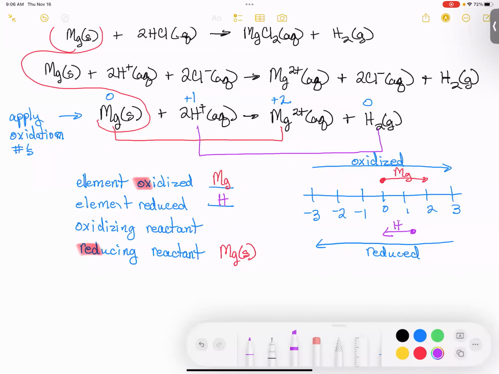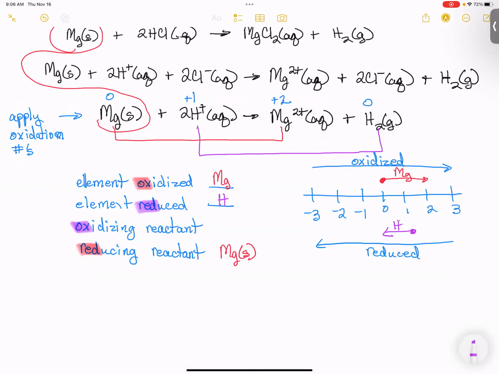The element reduced is in the oxidizing reactant, again, redox. So we find the element reduced, which was hydrogen. Hydrogen was originally in hydrochloric acid, so the oxidizing reactant is HCl. And that's how you sort through oxidation and reduction.